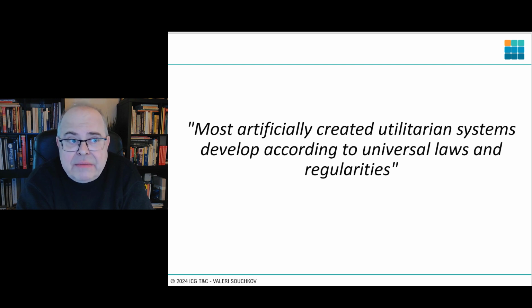He said that most technical systems, but we can consider a business system as a product, because when you need to create something, you build a tool for it. For instance, to cut bread, you build a knife in technology.